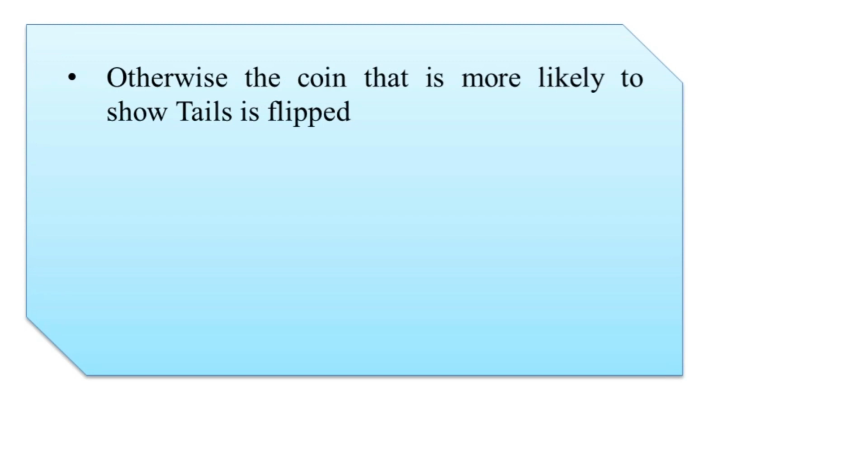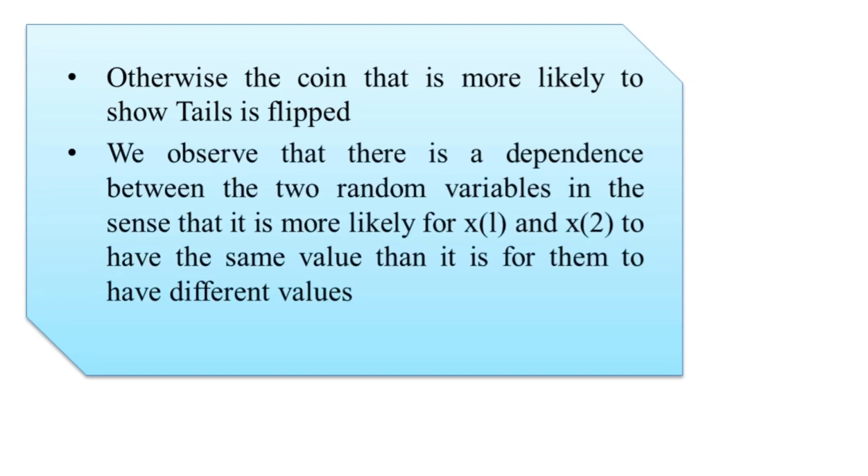So here the observation can be made that there is a dependency. This dependency is between the two random variables that we have denoted for the fair coin by X of 1 and for the unfair coin, the second one, by X of 2, so that they are more likely to have the same value than to have different values.